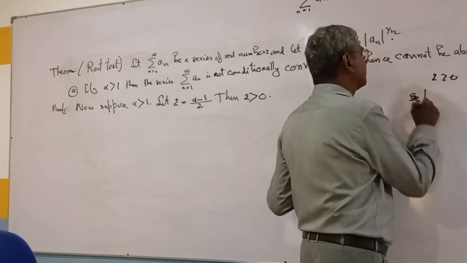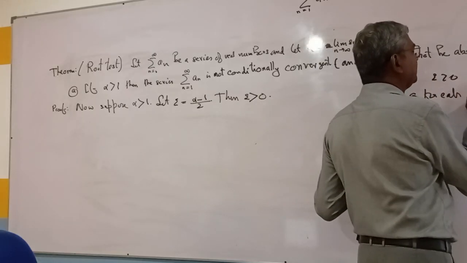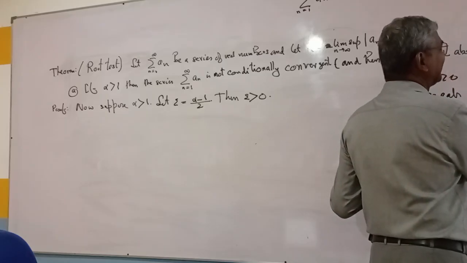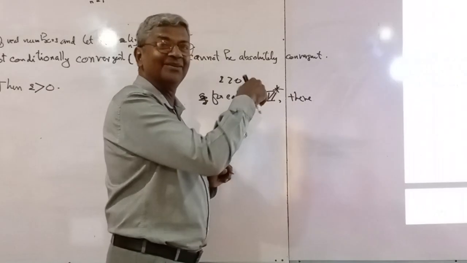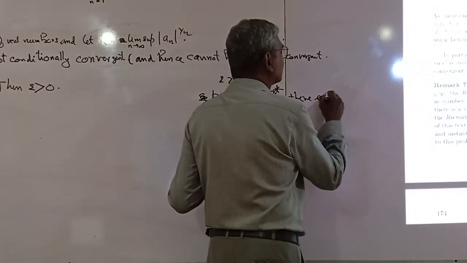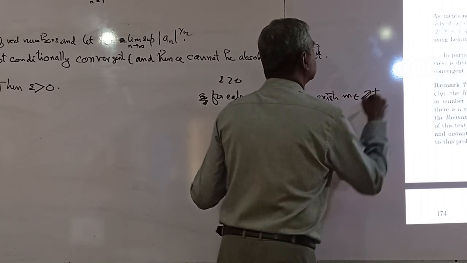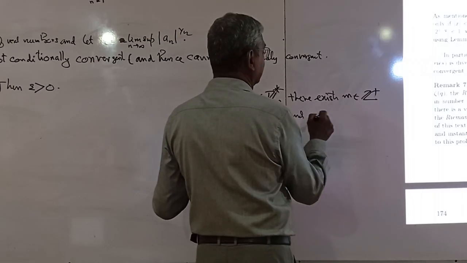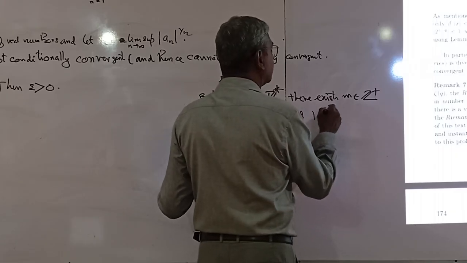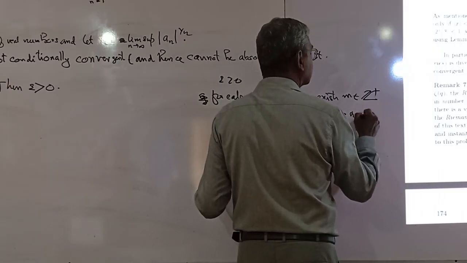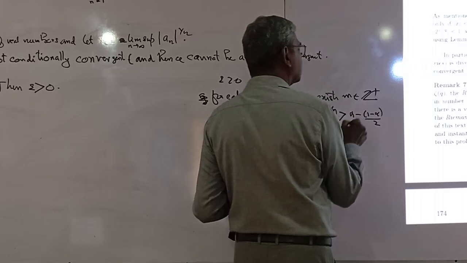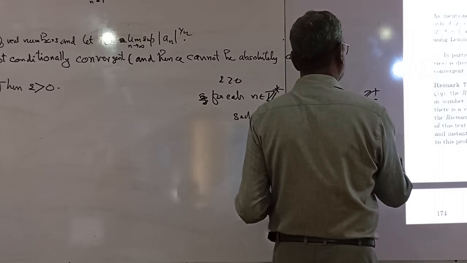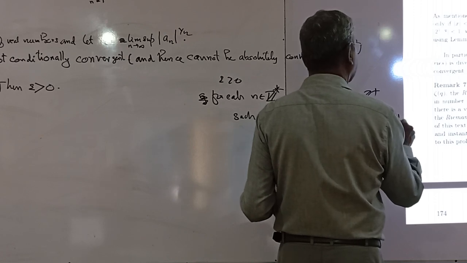For each capital N belonging to Z plus, there exists m belonging to Z plus such that m greater than N and mod a_m raised to the 1 over m is strictly greater than alpha minus (1 minus alpha) divided by 2, so this is equal to (1 plus alpha) divided by 2.